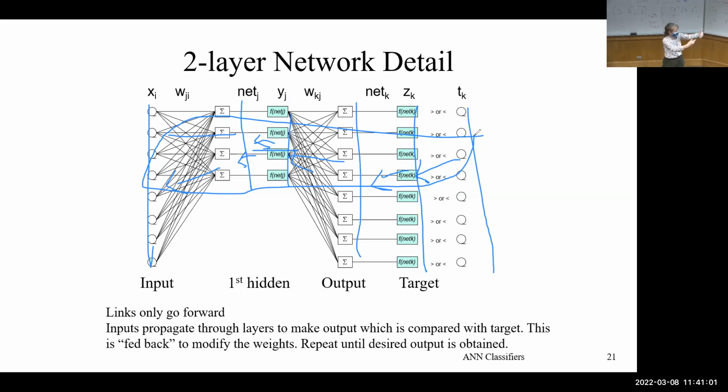Back propagation is using that error to get your delta K, which combines with your Y, J, to update your weights, WKJ. Then you can build your delta J, which combines with your inputs XI to update your weights JI.